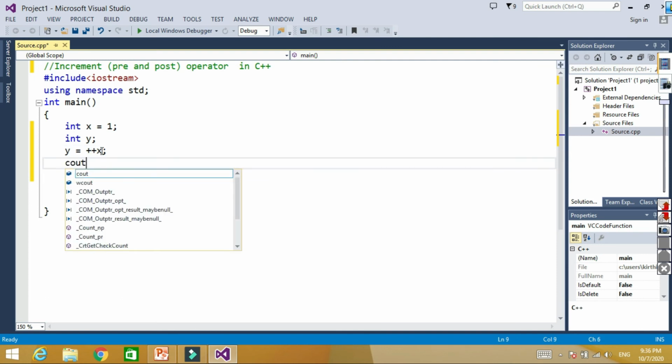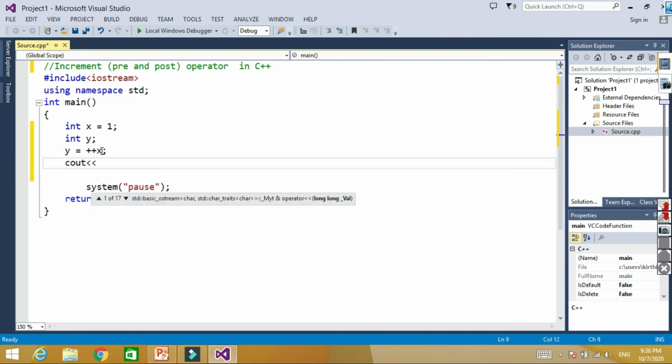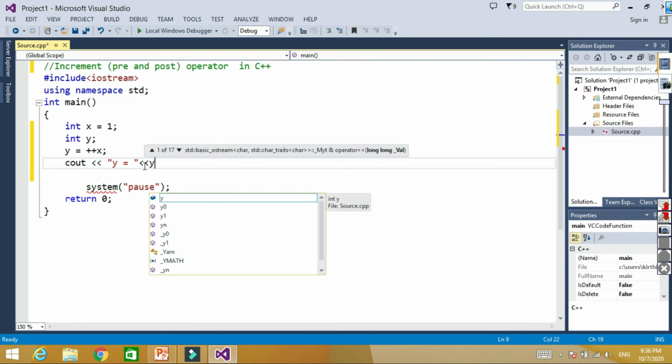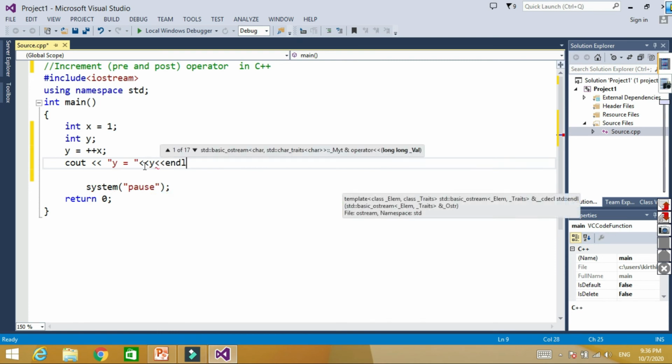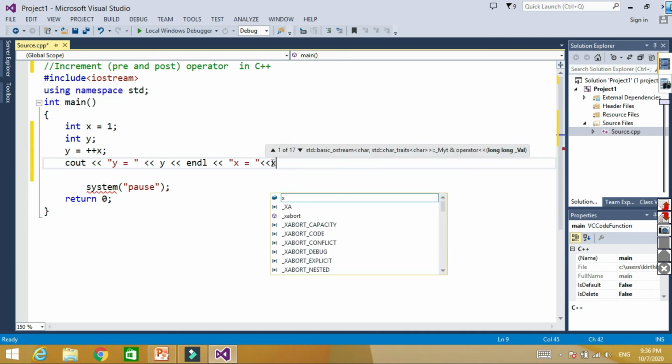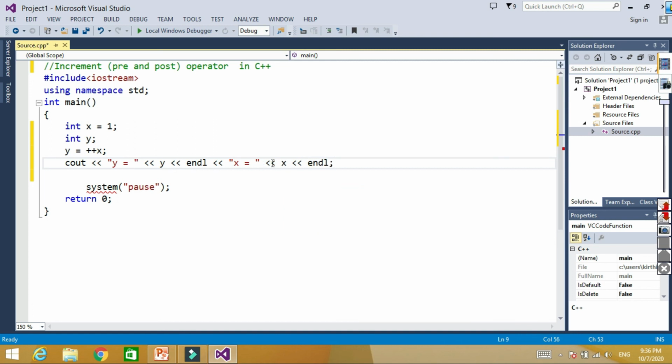Here I say cout y is equal to y endl, x is equal to x endl. So now we will print the value of x and y.